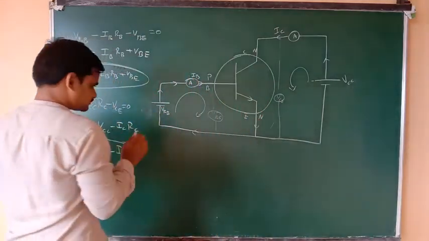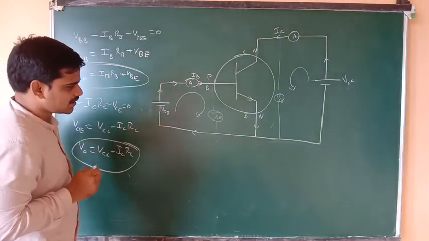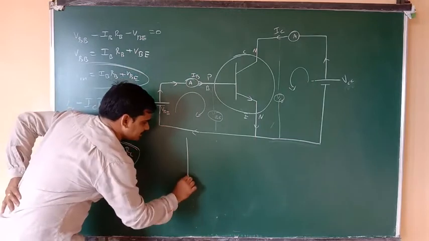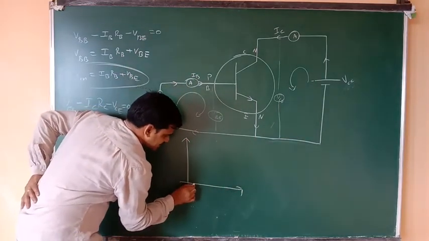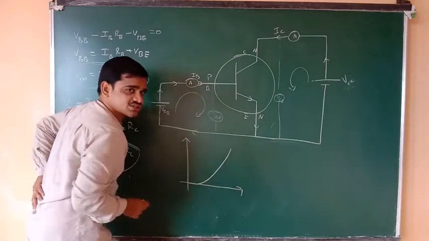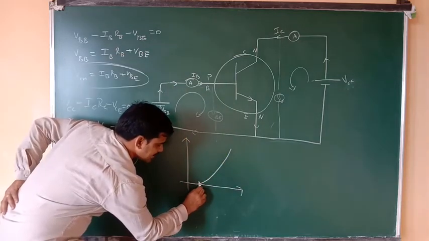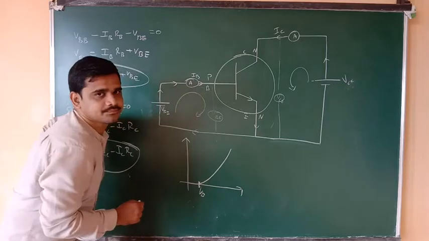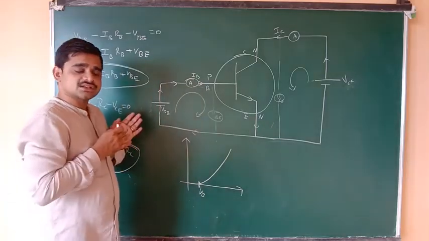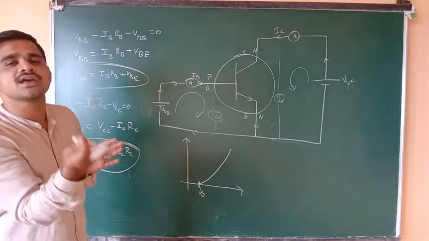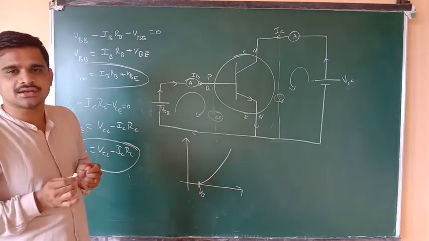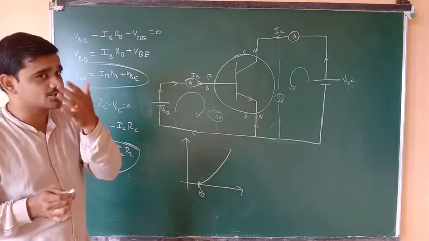Now, I have remembered the input characteristics of a common emitter configuration. The input characteristics of a common emitter configuration are like this, right? What is this here? Barrier potential. First, for flow of the charge, the input voltage must be more than the barrier potential. Then only we will have some output, or else there is no output.